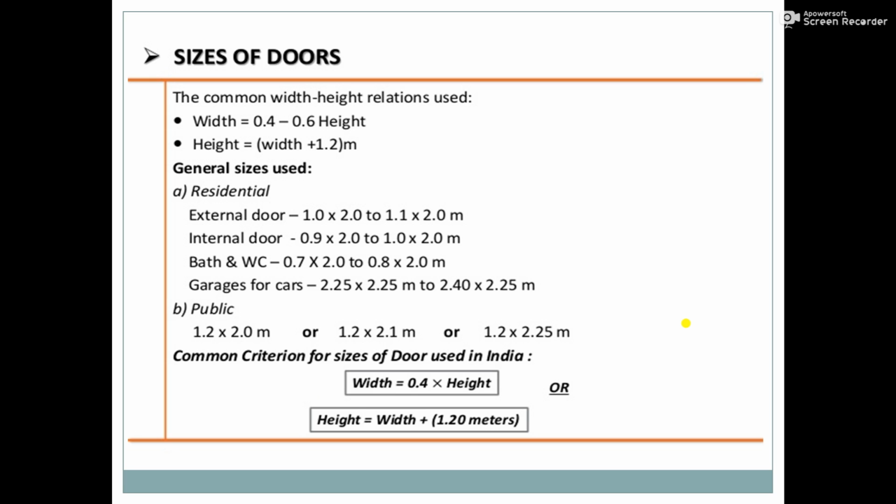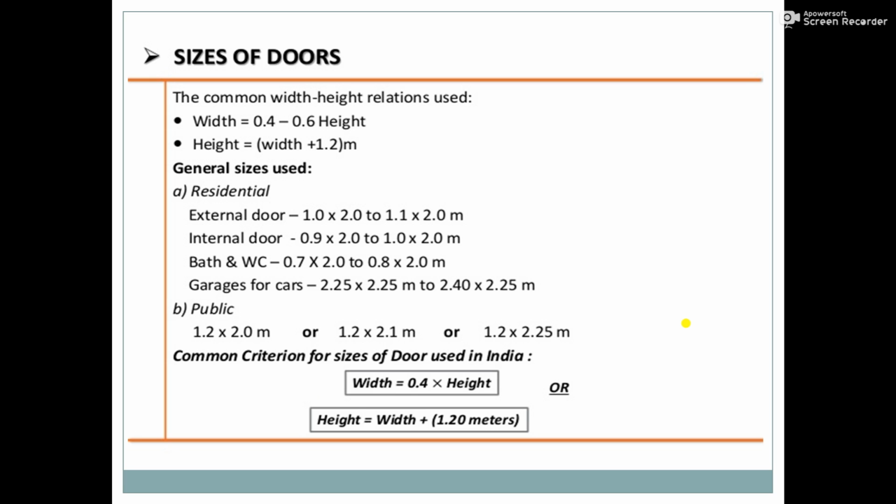Bathrooms and WCs are generally provided with sizes of 0.7 by 2 meters or 0.8 by 2 meters. For garages for cars, the size of the shutter or door provided is 2.25 meters by 2.25 meters to 2.40 by 2.25 meters.